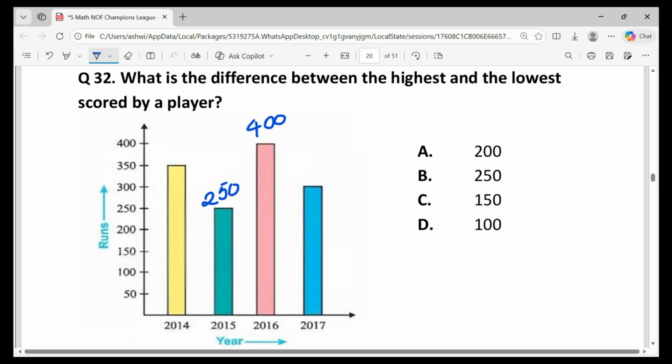From the given question, we have to find the difference. So the difference will be 400 minus 250, that is equal to 150. That is option C.